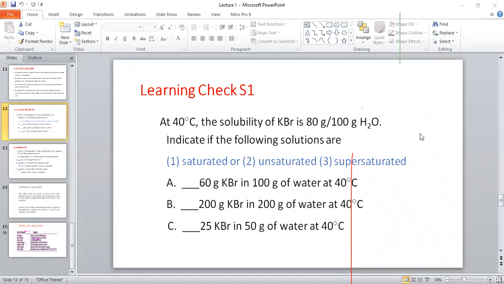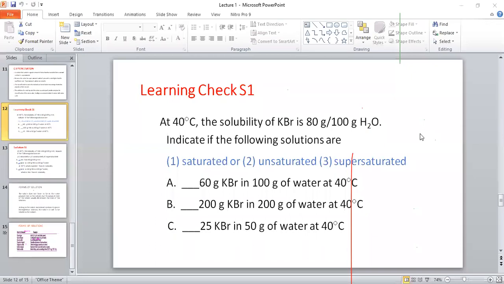So you will divide it: if it is 300 grams in 1,000 grams of water, if it is 100 grams of water, how many grams of potassium bromide will be there?